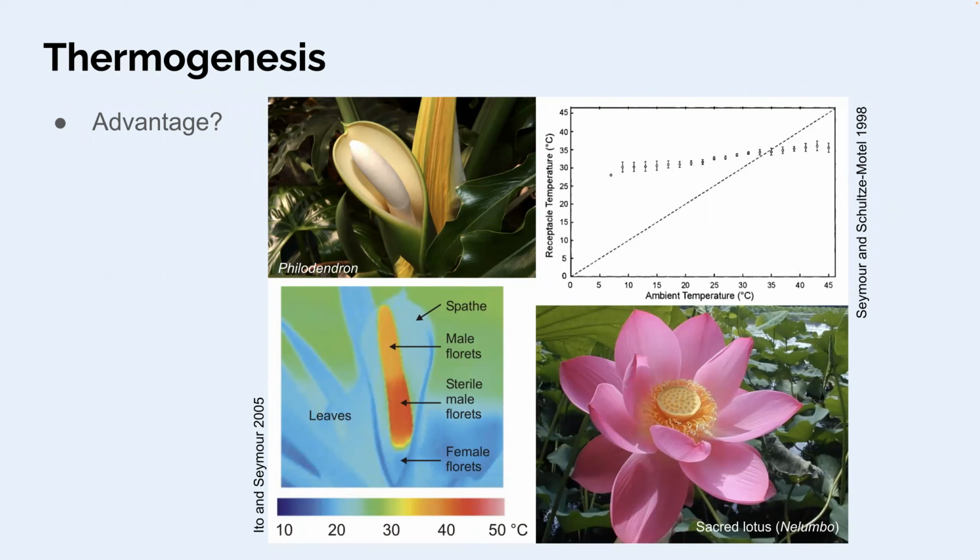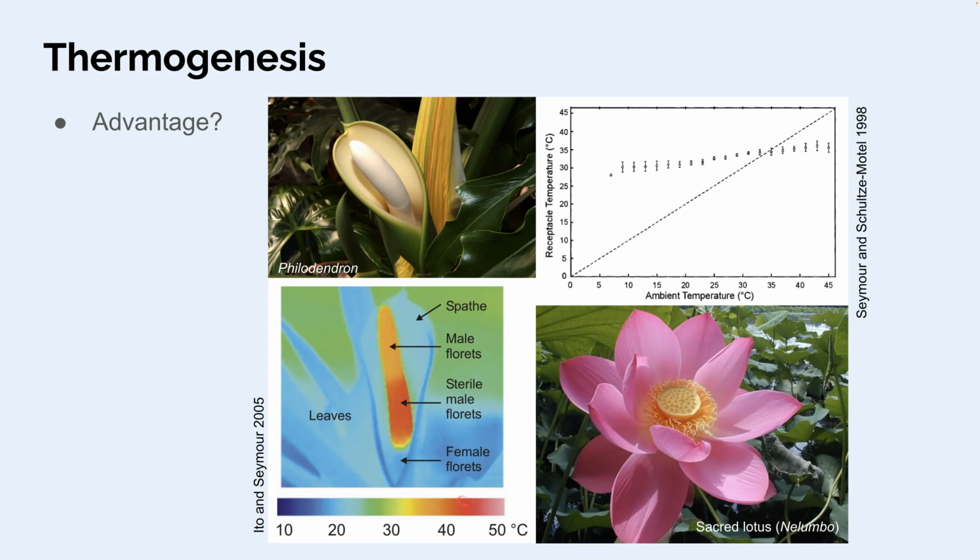Warmth is also a good way to cause scent to get around a little bit better. So to diffuse out the scent might be an advantage of having a warmer flower, which is kind of interesting, right?